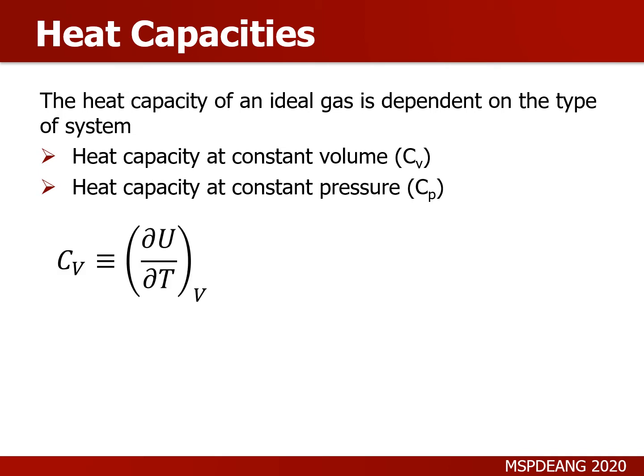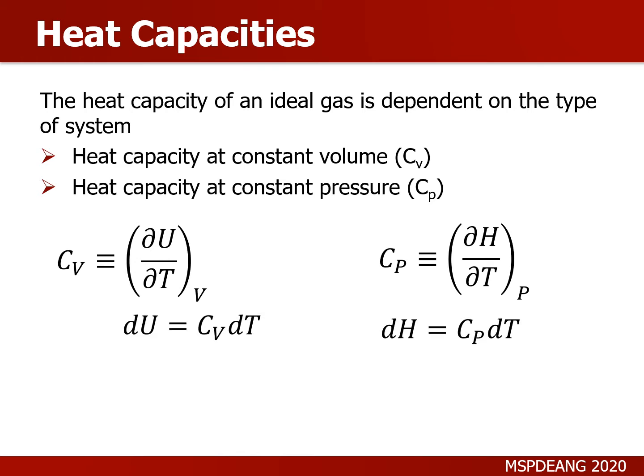So basic definition, Cv is the change in internal energy with respect to temperature at constant volume, while Cp is the change in enthalpy with respect to temperature at constant pressure. And using these two definitions, dU is simply equal to Cv dT, and dH is equal to Cp dT.